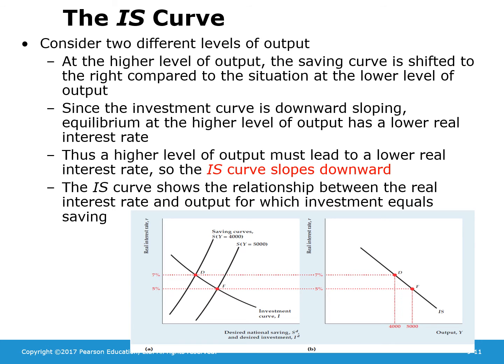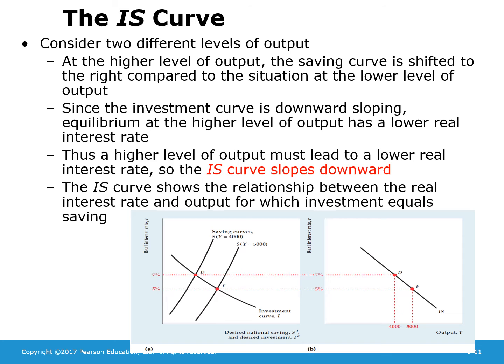So at the higher level of output, the saving curve is shifted to the right compared to the situation at the lower level of output. The new saving curve associated with Y equals 5,000 is shifted to the right compared to the original saving curve associated with Y equals 4,000.